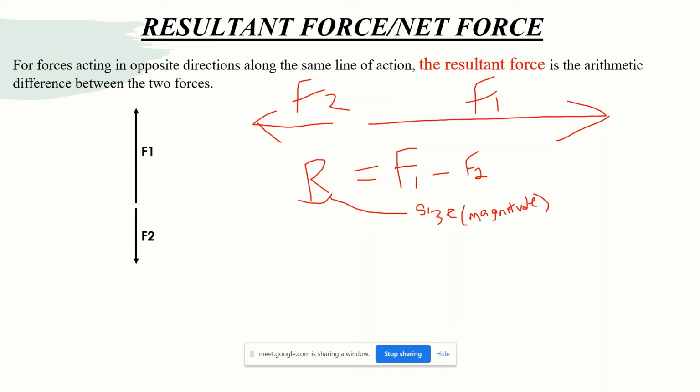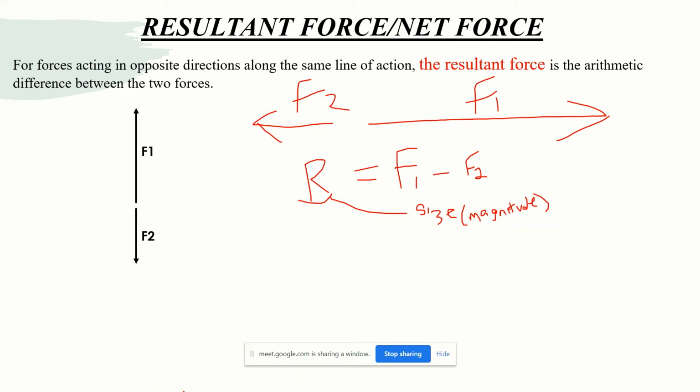Now, what do you think would be the direction of these forces? The direction of these forces would be in the direction of the what? Larger force. So the direction of these forces is in the direction of the larger force.